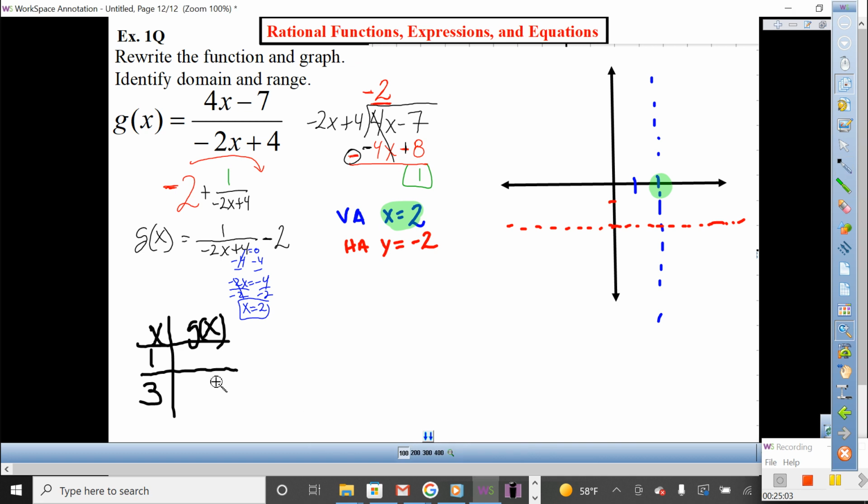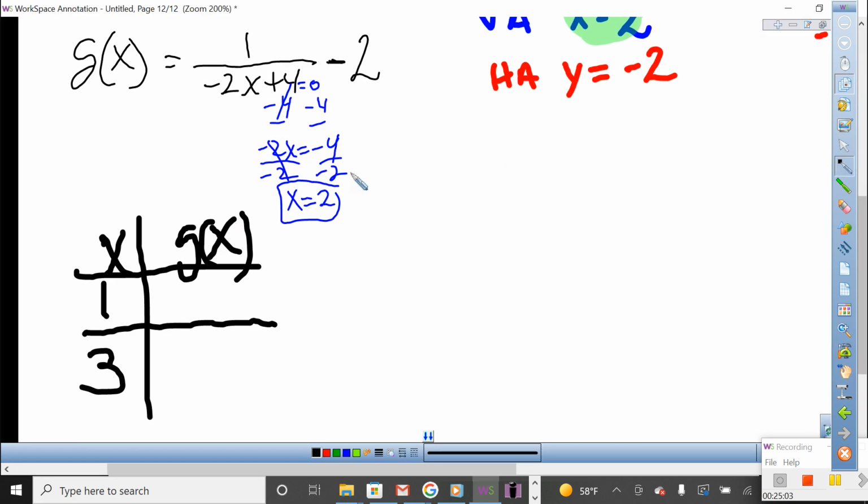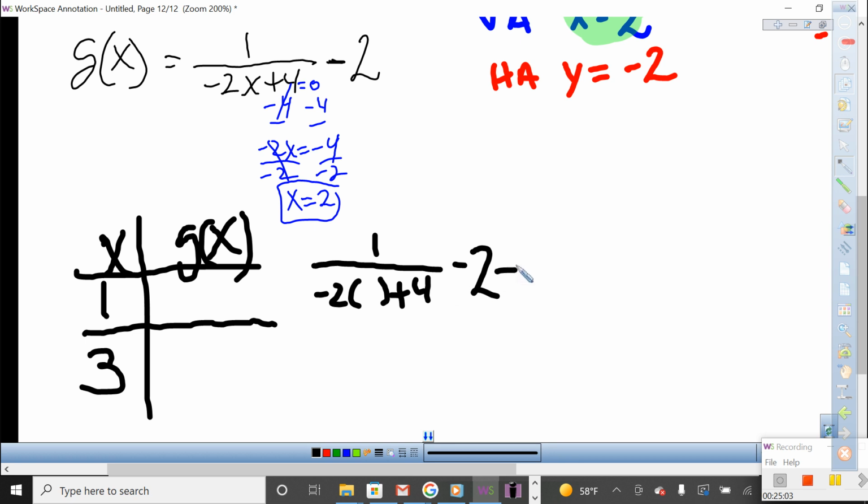All right, let me zoom in to do the work over here. That means I'm going to rewrite this right here. I got 1 over negative 2 parentheses plus 4 minus 2. My first value is 1. So this is 1 over. What is negative 2 times 1? Negative 2 plus 4? 2. So now we have negative 2 and positive 1/2. So this is negative 1.5.